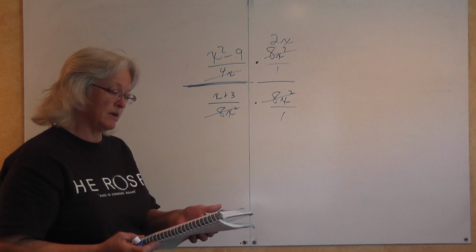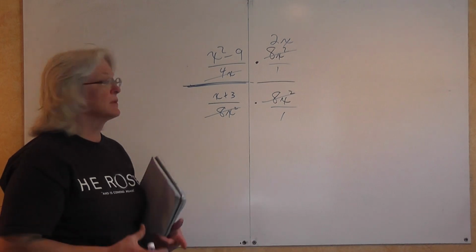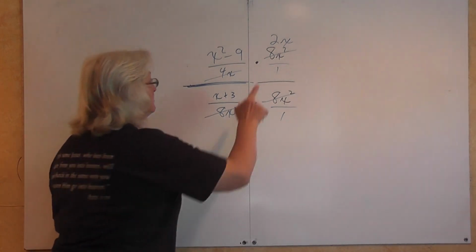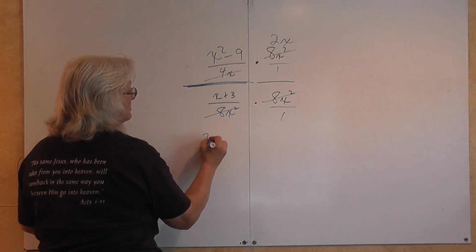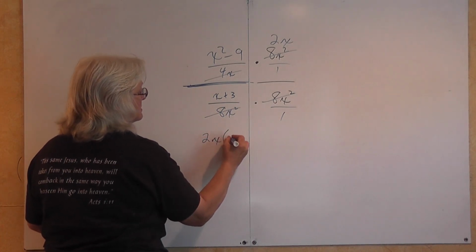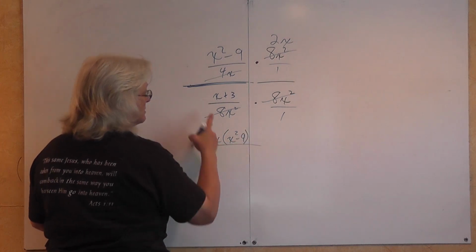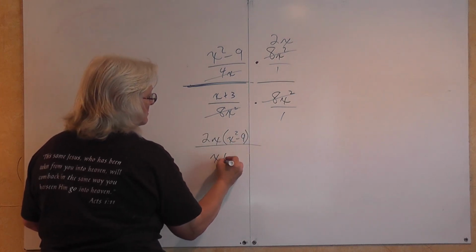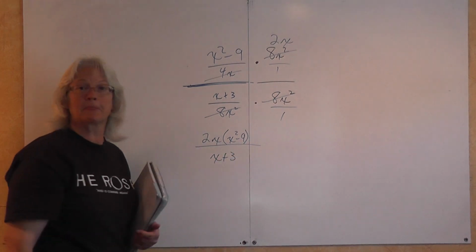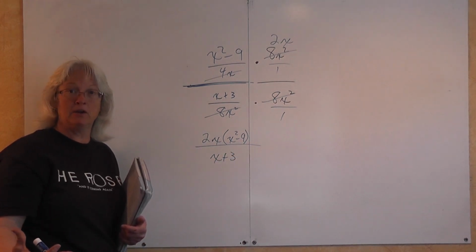Okay, let me verify that I'm doing this correctly. What do we have left now? We have 2x times x squared minus 9, all of this over x plus 3. Does anybody see what's happening here?